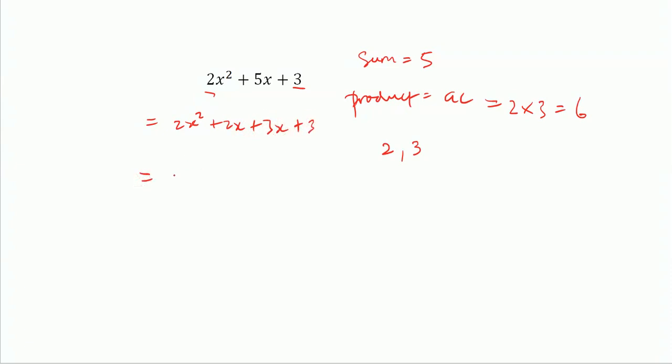Factorizing by grouping again, we can pull out 2x and this becomes x plus 1, plus 3 into x plus 1. So we have a common factor of x plus 1, so we write x plus 1 into 2x plus 3, right?